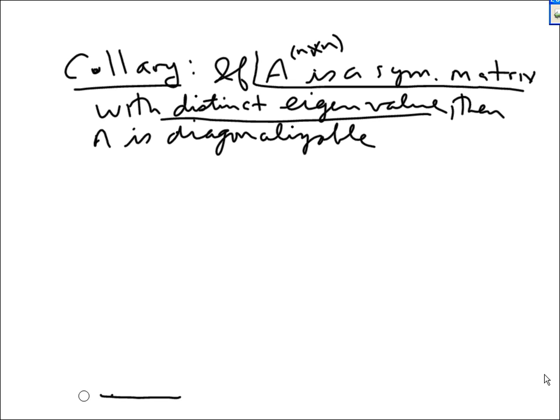And now, another amazing theorem. All these connections come together. All these concepts come together.